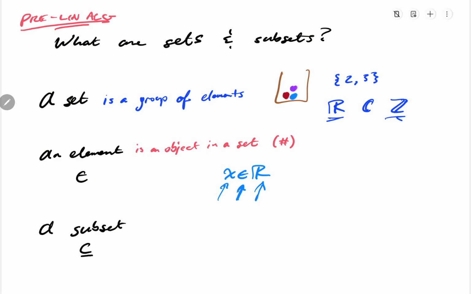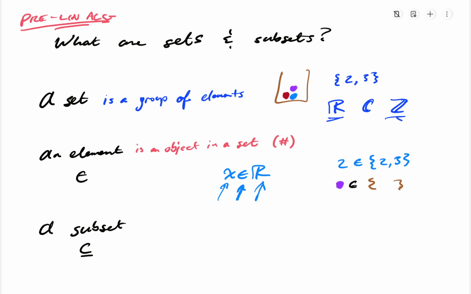That's what that means. And with this example, I can say that 2 is an element of the set 2 and 3. And if I use the paper bag, the purple ball is an element of the set of the brown paper bag.